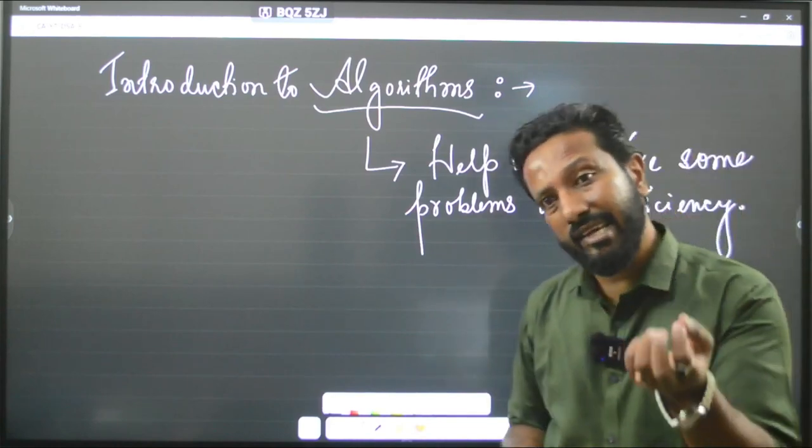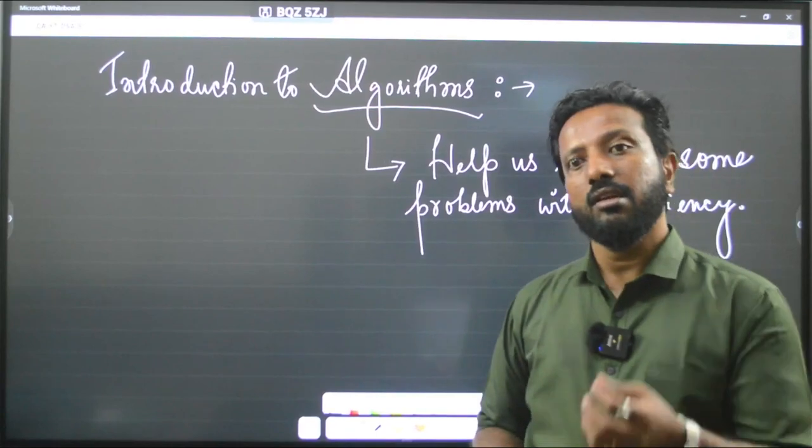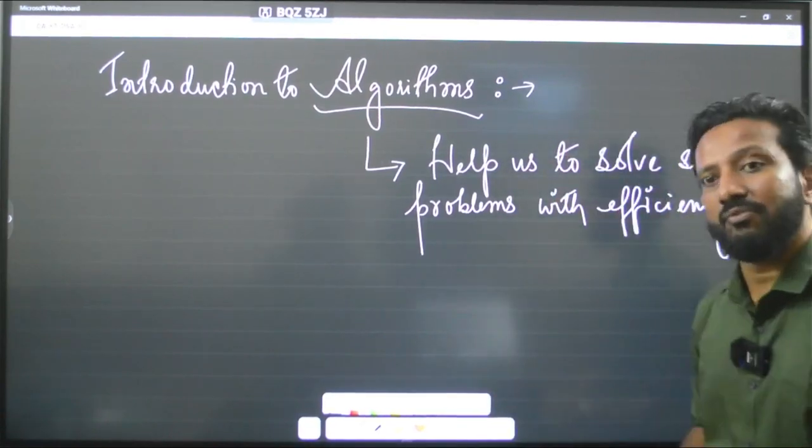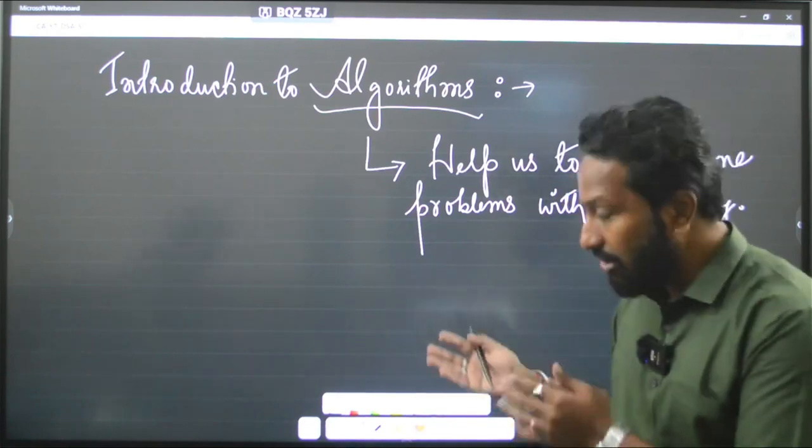Algorithms are techniques that help us solve problems with a certain amount of efficiency. Some algorithms are very fast, some are very slow. We will see all of them one by one.